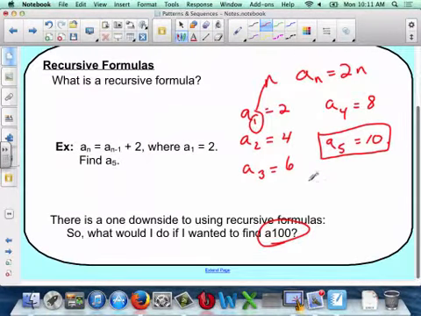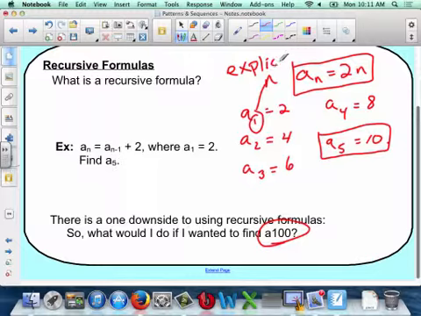Yeah. Great job, guys. Guess what we just found? We call that the explicit formula. I'm not really sure why we call it explicit, but ultimately the nice thing about it is the explicit formula allows you to jump to any term.